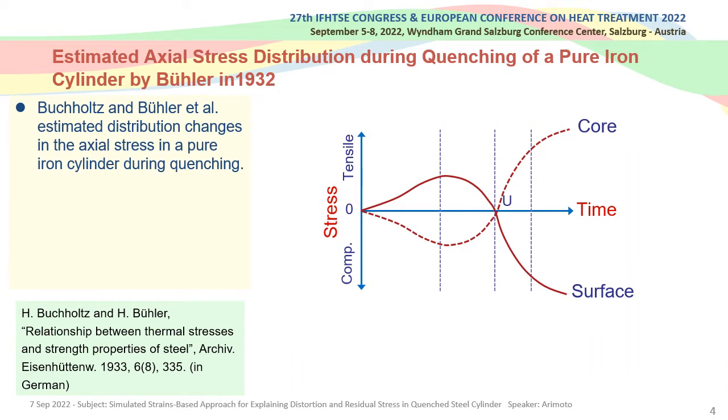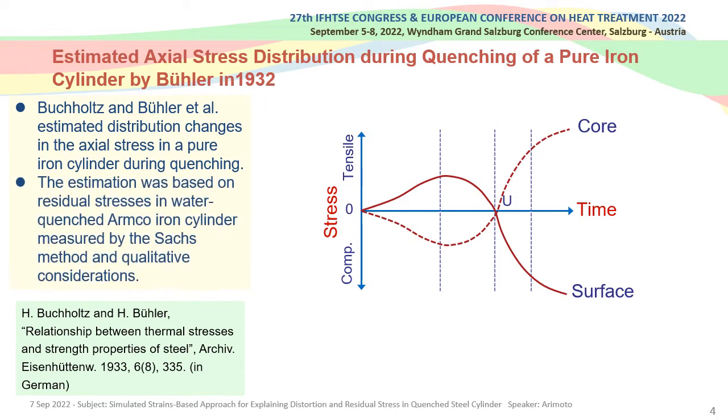First, we will consider the case in which phase transformation doesn't occur. This slide shows distribution changes of axial stress in a pure iron cylinder during quenching, which was estimated by Bühler and Buchholtz. The shape of the residual stress distribution is based on the measured value.